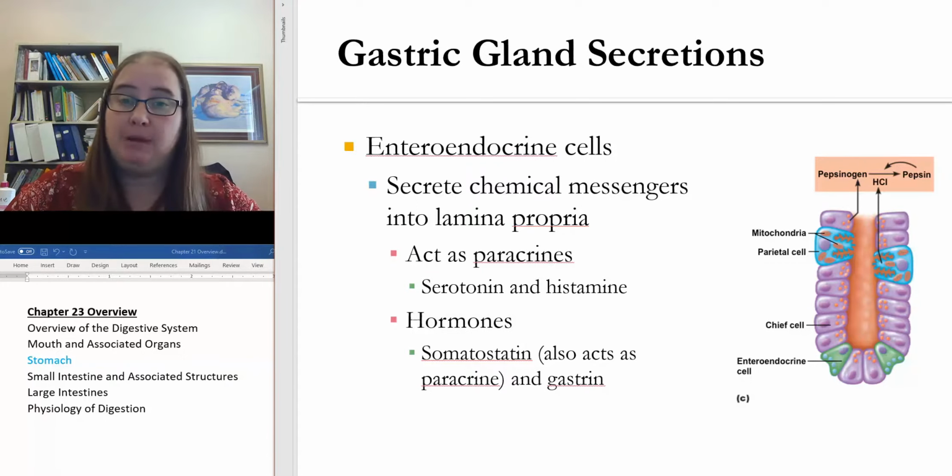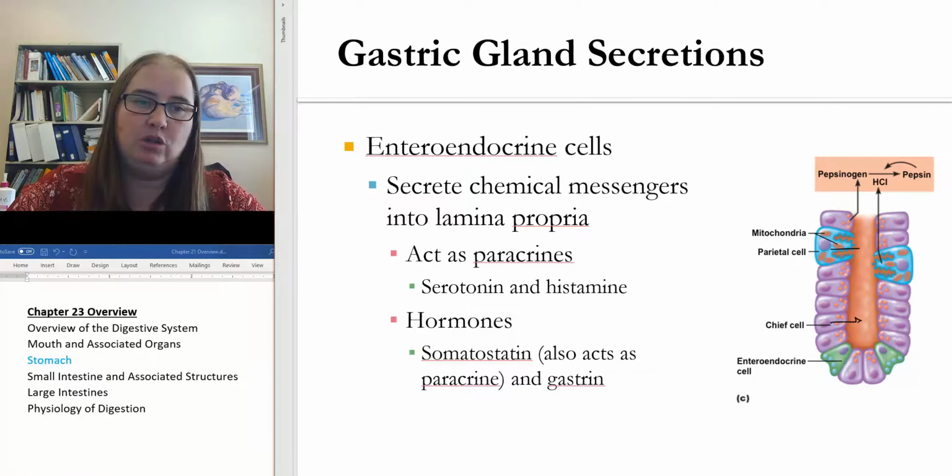The last population of cells that we'll find in these gastric glands are our enteroendocrine cells. Enteroendocrine cells are going to secrete chemical messengers into the lamina propria. What's unique is we just talked about the chief cells and the parietal cells, and they secrete into the lumen, and this lumen will go up onto the surface of the stomach.